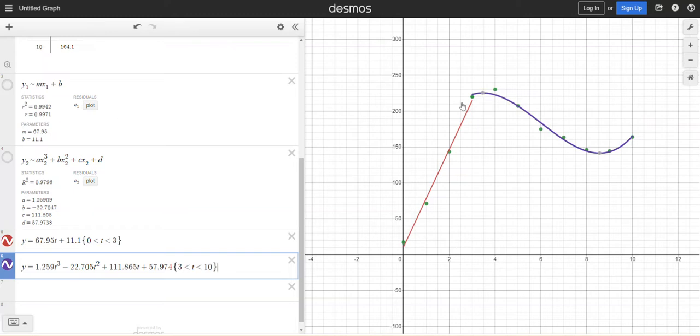And you can see there are the two pieces of my function. They don't quite match up, although on the graph they kind of do. And again, that's pretty typical, right? But we can see that overall, those two pieces do a really good job of modeling the data that I have.